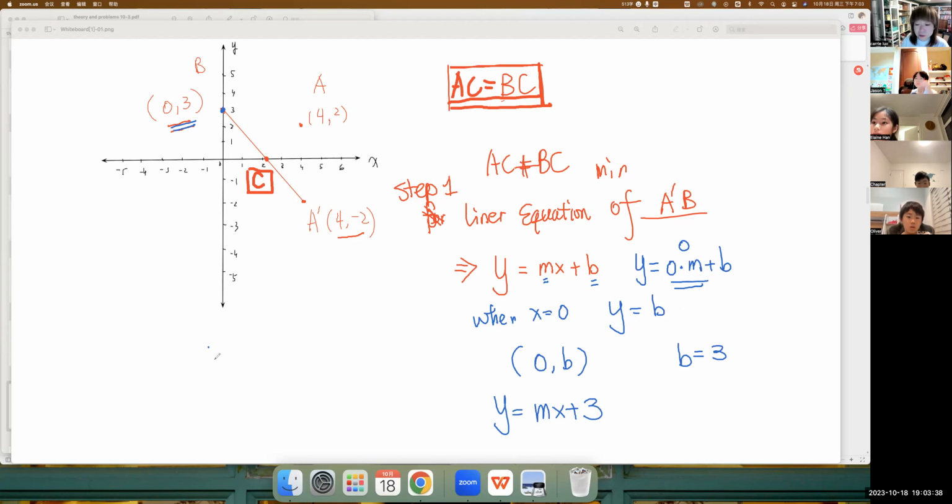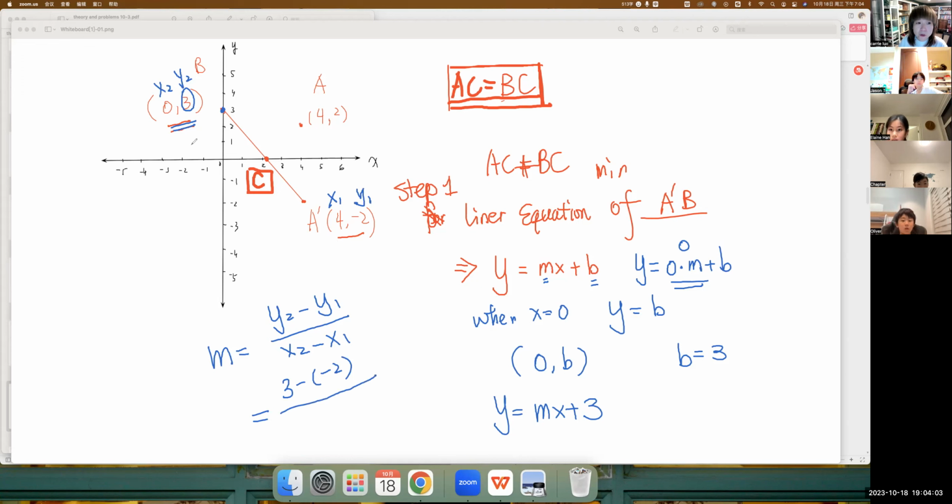How do we calculate this m? m equals y2 minus y1 over x2 minus x1. This is y2, this is x2, this is x1, this is y1. So y2 minus y1 equals 3 minus negative 2 over 0 minus 4.